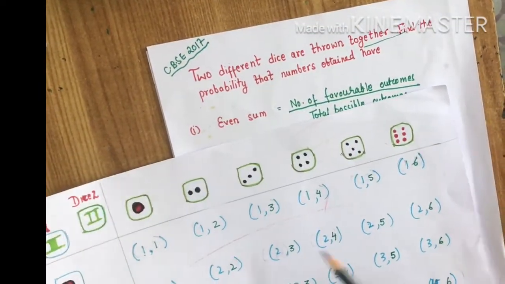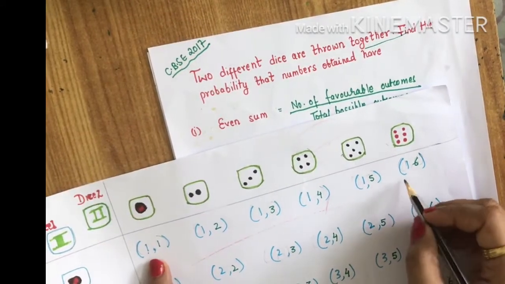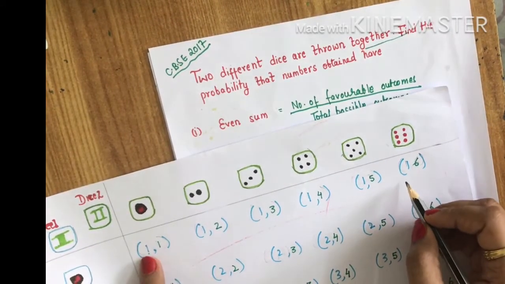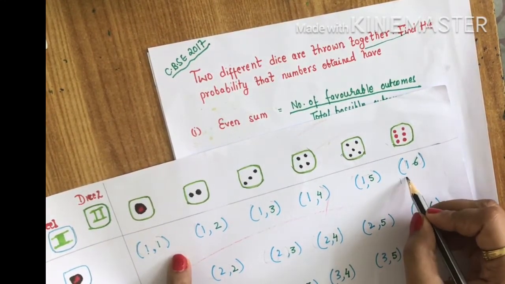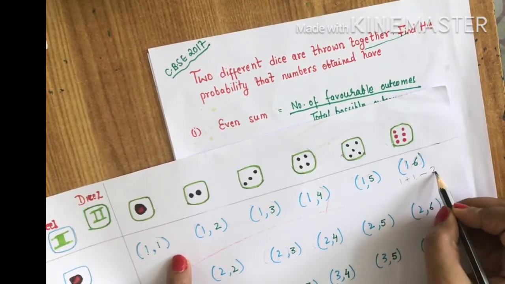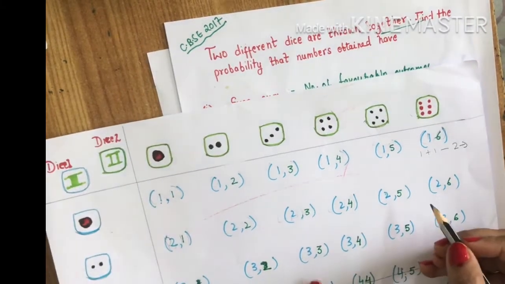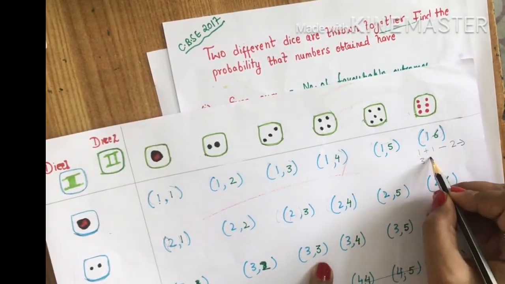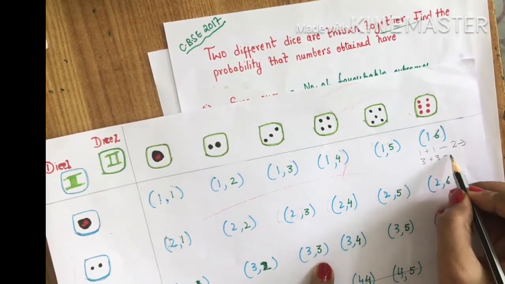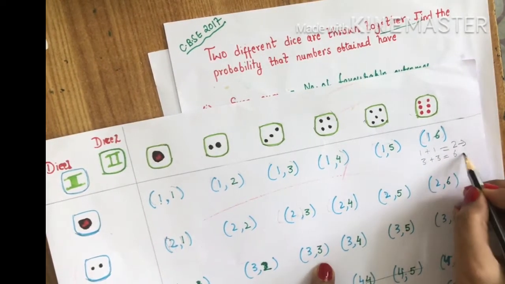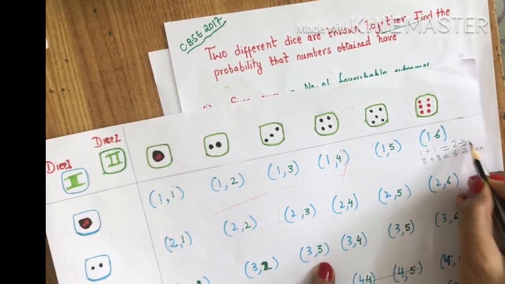When both the numbers are odd, 1 and 1, then we get an even number. And when I add 3 and 3, both odd numbers, I get 6, which is even.